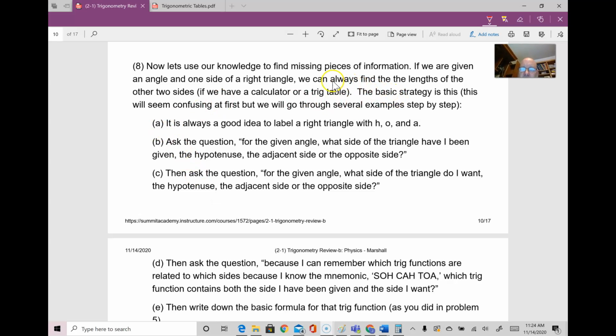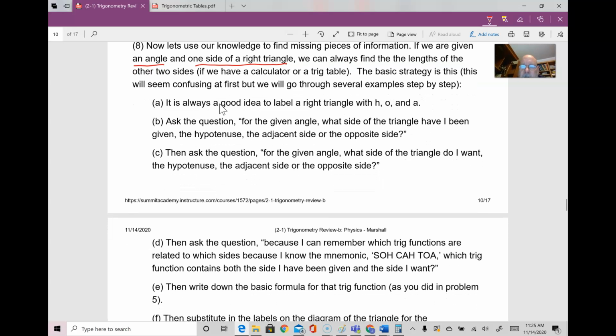The basic strategy for this, and again, if we're given an angle and one side of the right triangle, we can always find the lengths of the other two sides. And the basic strategy is this. You know how big I am on strategies. So here's my strategy.